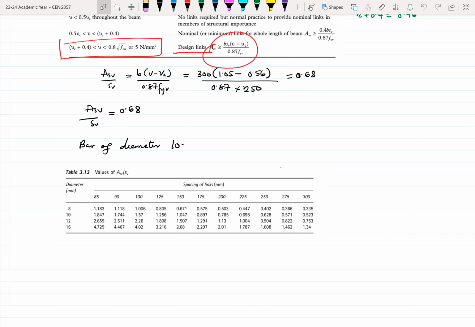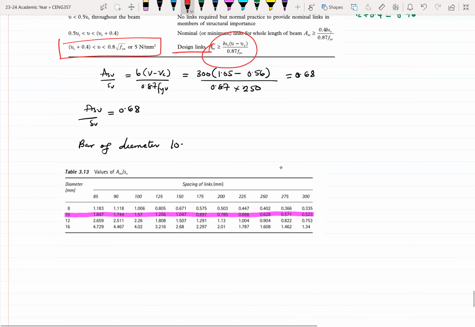So we come here, since we're using a bar of diameter 8, our options are limited to this line. The highest spacing, or the SV, should not exceed 0.75D.